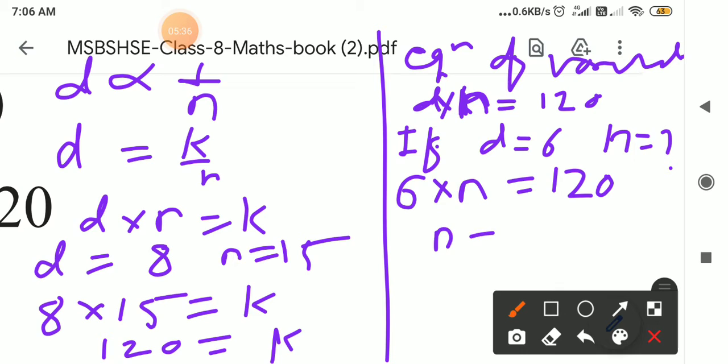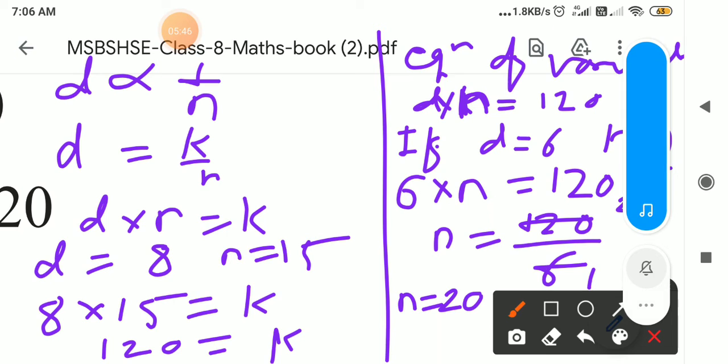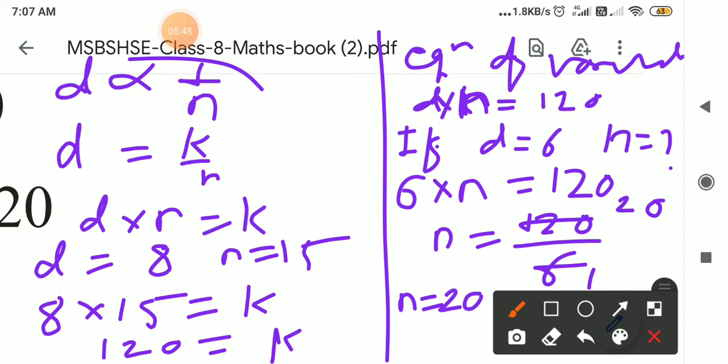So n is equal to 120 upon 6. 6 ones are 6, 6 twos are 12 and the 0, so n is equal to 20. In this way, by using inverse variation, we can solve the example of work. This is the example based on work and time.